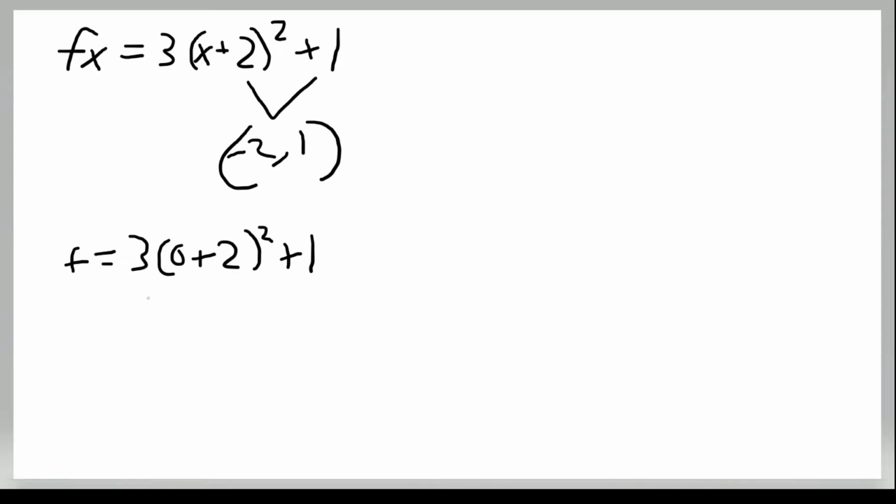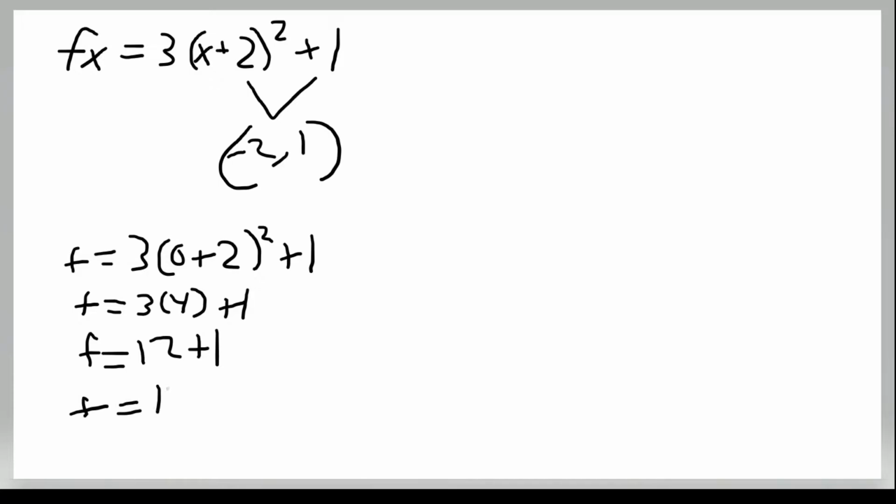That's going to be 3 times 4 plus 1. That, of course, is 12. 12 plus 1 equals f. And this is going to be f equals 13. 13 is going to be the y.